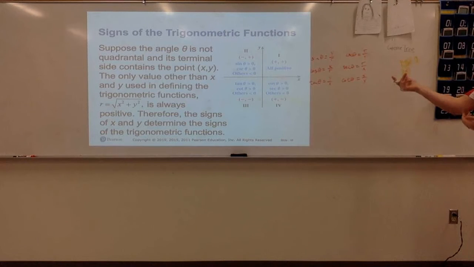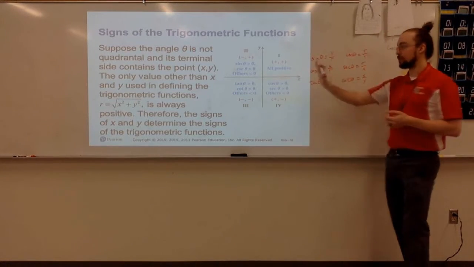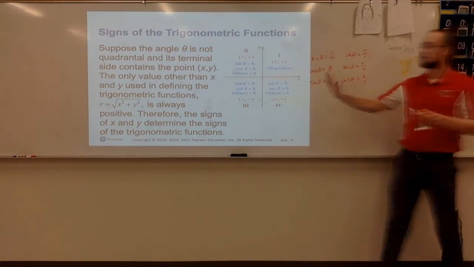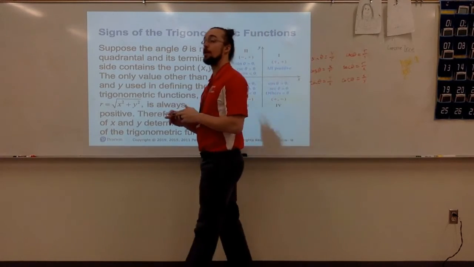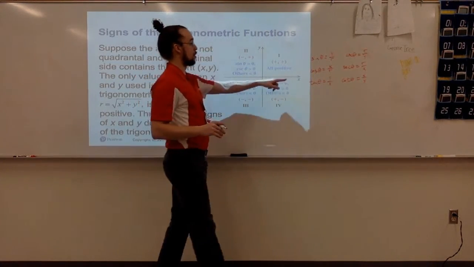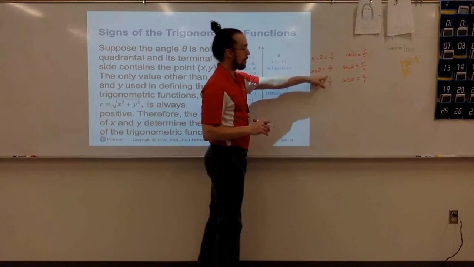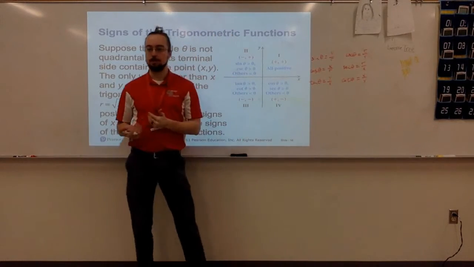If cosine is negative, secant's negative. So in the second quadrant, sine is positive, but cosine will be negative because it's the x value. That also makes tangent negative, because the y value is positive and the x value is negative, and positive divided by a negative is a negative.